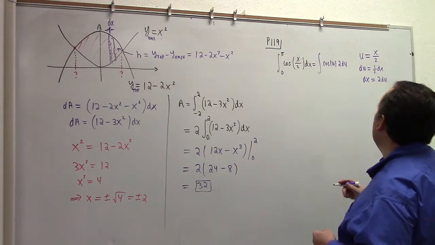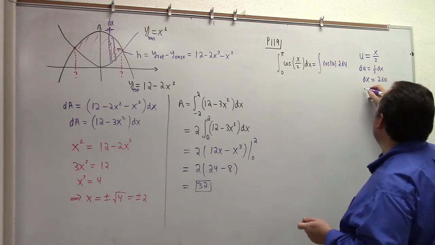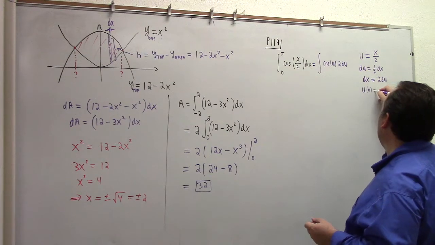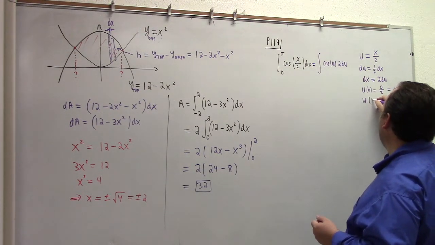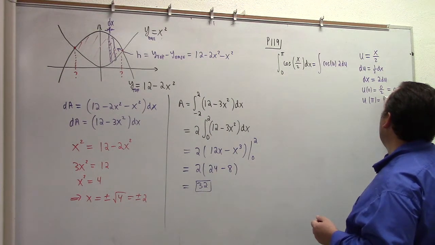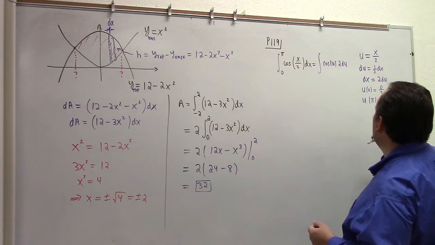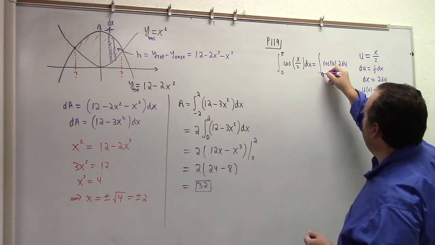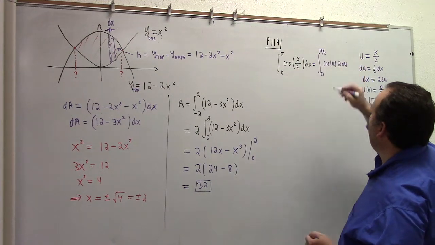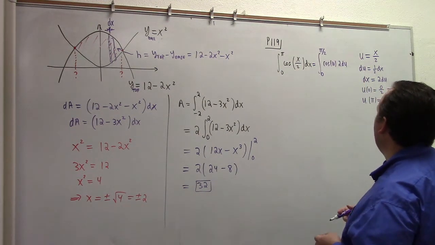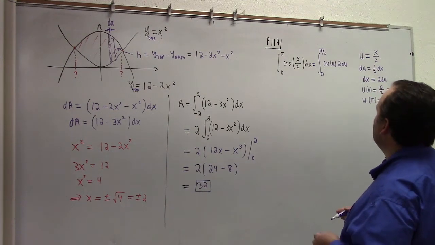Okay. And then we have to change the bounds as well, right? So u of 0 is 0 over 2, which is 0. U of pi is pi over 2. So in u, our bounds are 0 to pi over 2, unless I made a mistake.